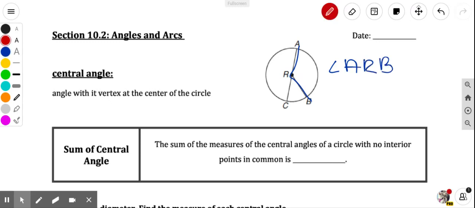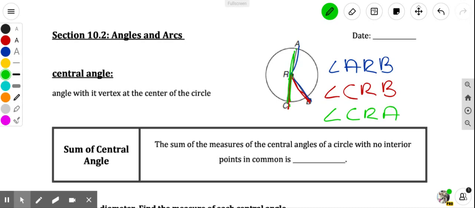Another one could be angle CRB. Now remember, order doesn't matter, so CRB would be the same as BRC, and ARB would be the same as BRA. Another one could be this straight angle here, which could either be called ARC or CRA. Those are all central angles.